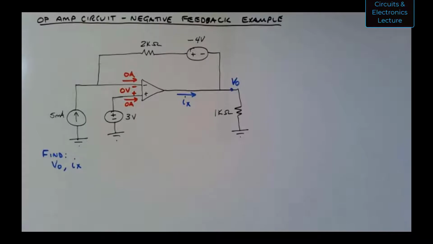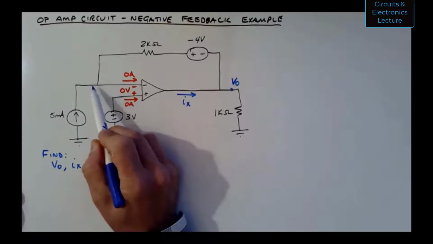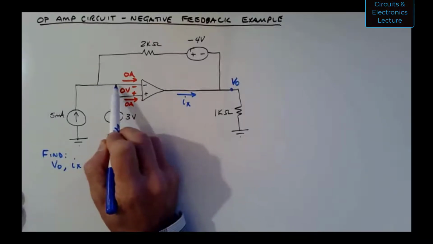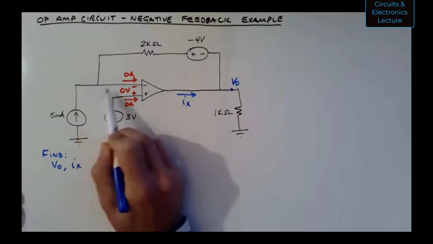Okay, so let's do this. You have problems like this in your homework. What I like to do first is just start observing what's happening in the circuit before writing any equations. Here's what I mean by that. Let's look at the left side of the circuit. I have 0 amps going into the op-amp out of this node here.